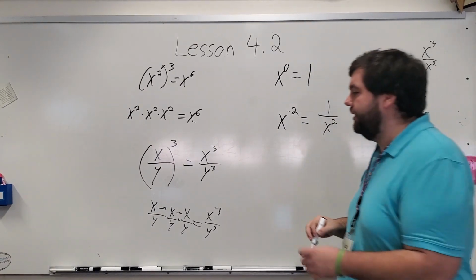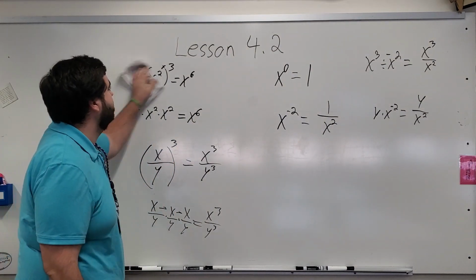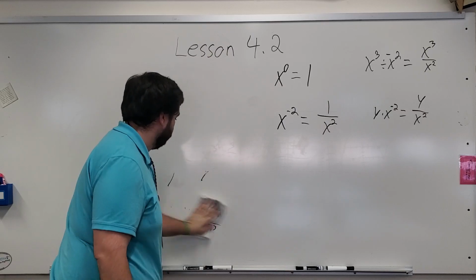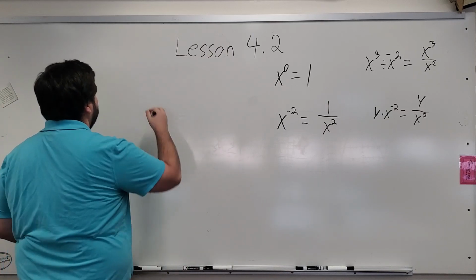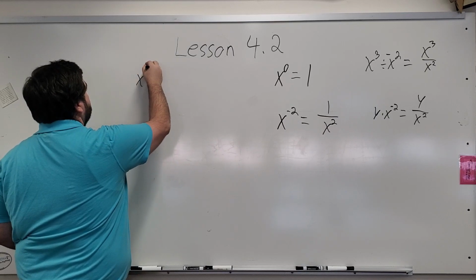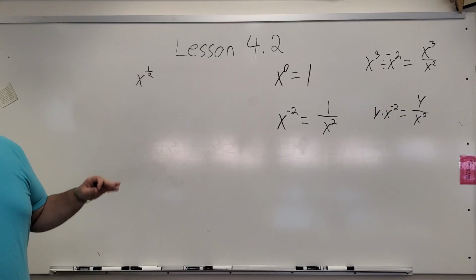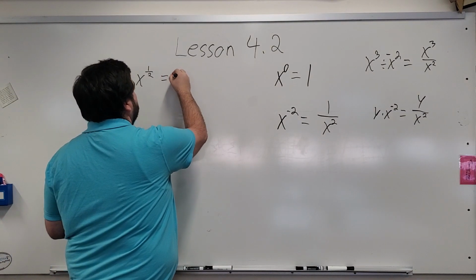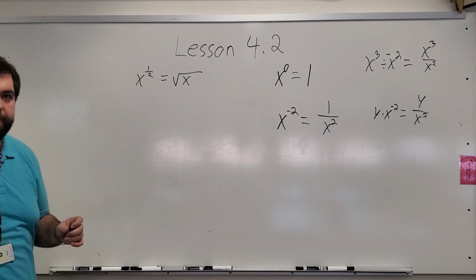Okay? And finally, we have the fraction rule. And what this says is, let's say I have x to the 1/2. This is then going to become a root. So this is equal to the square root of x. Okay?